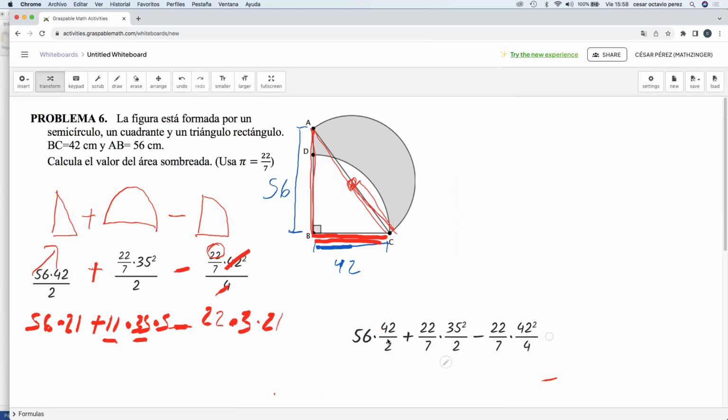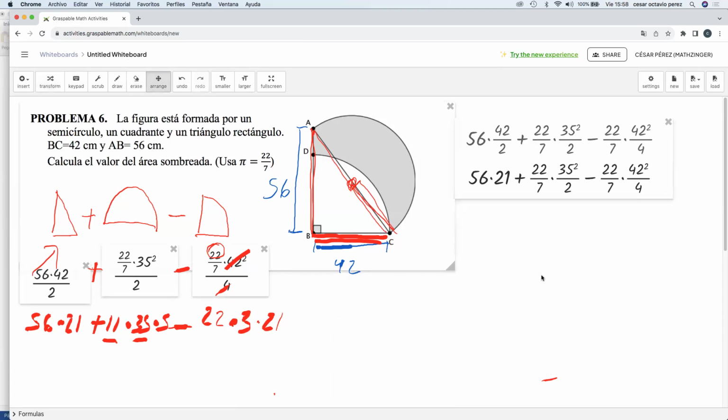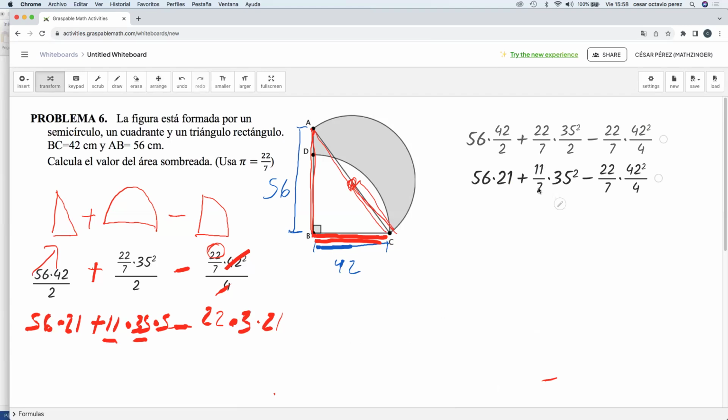Okay, we already said that this is 25, 56 times 21. We can simplify this with this. We have 11. And here we will have, I don't know, we can do this. Okay, you need to split the 35 squared. Yes. Okay, 175. It's 5 por 3, 15. Okay, this is right.